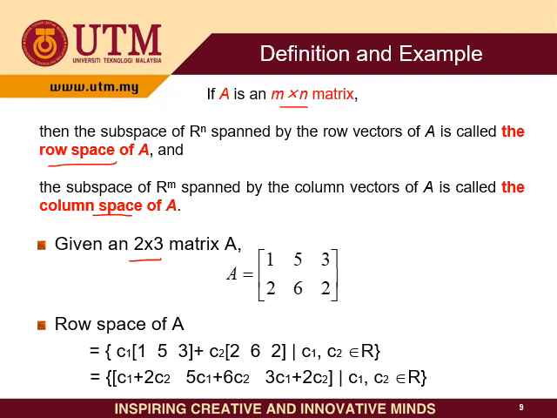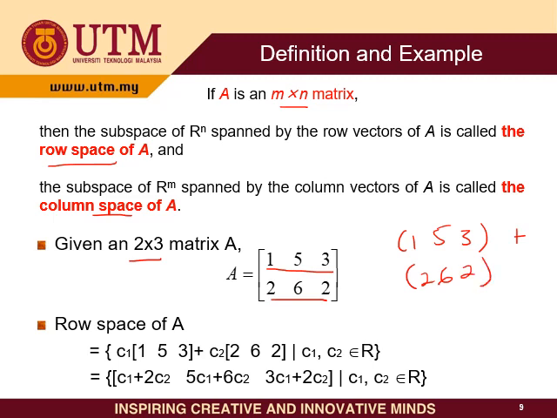How to find the row space of A? Again, based on the previous slide, we learned that we have two rows here, right? So two rows, just write them down. 1, 5, 3 plus 2, 6, 2.